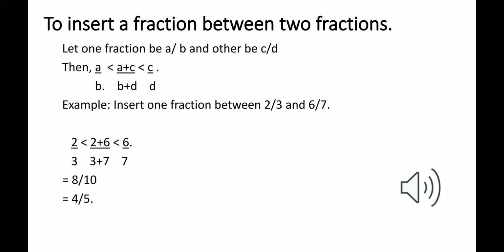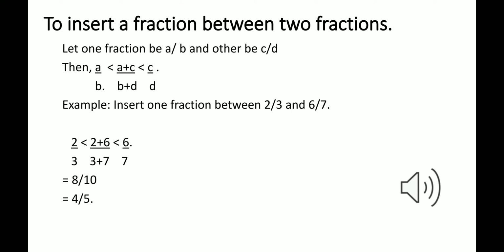The fraction which will come in between a by b and c by d will be a plus c upon b plus d. It's very simple. Add the 2 numerators and put it above. Add the 2 denominators and put it below. And that will be like this.